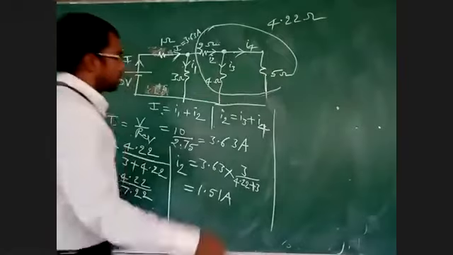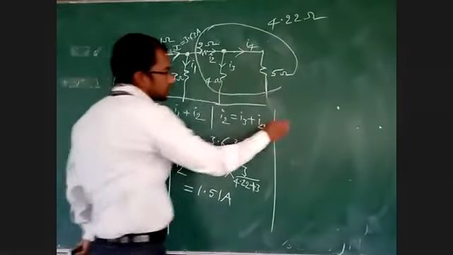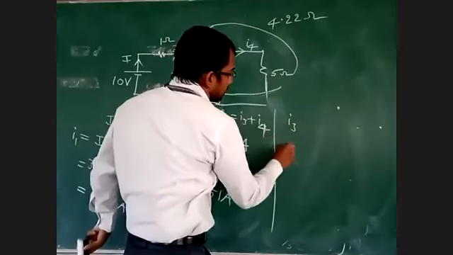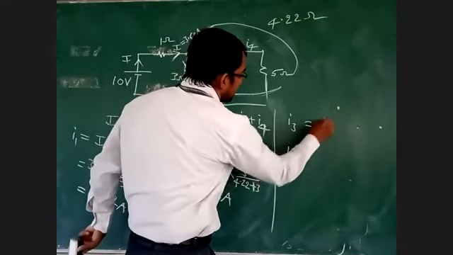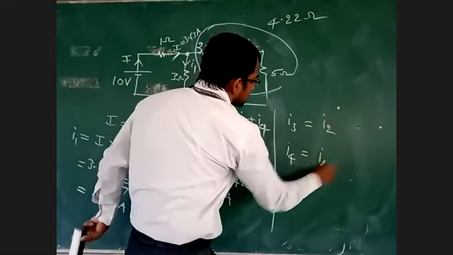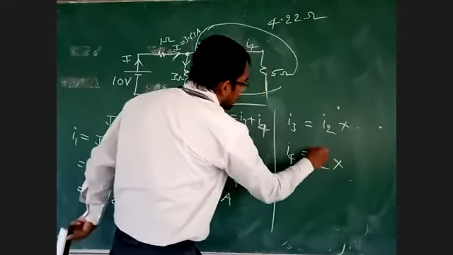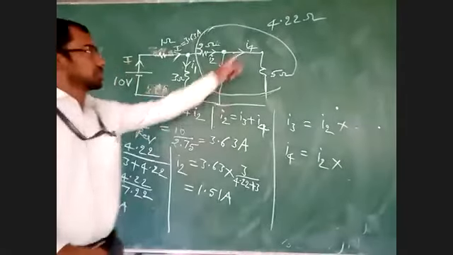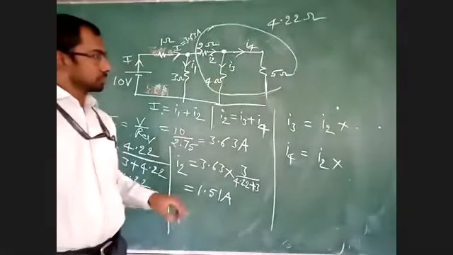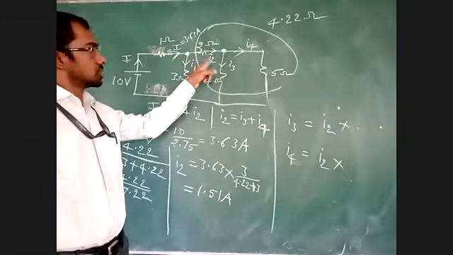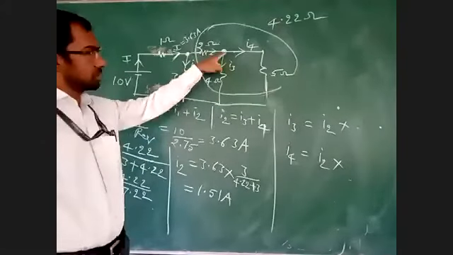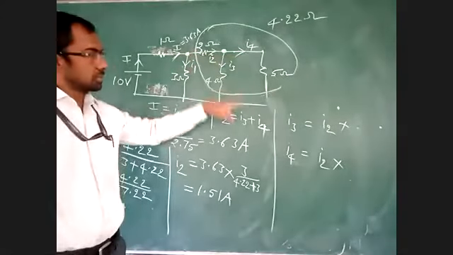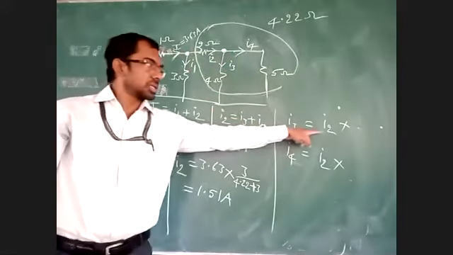Now we will go for I3 and I4. What is the total current for the I3 and I4 branches? It is I2, which is 1.51.